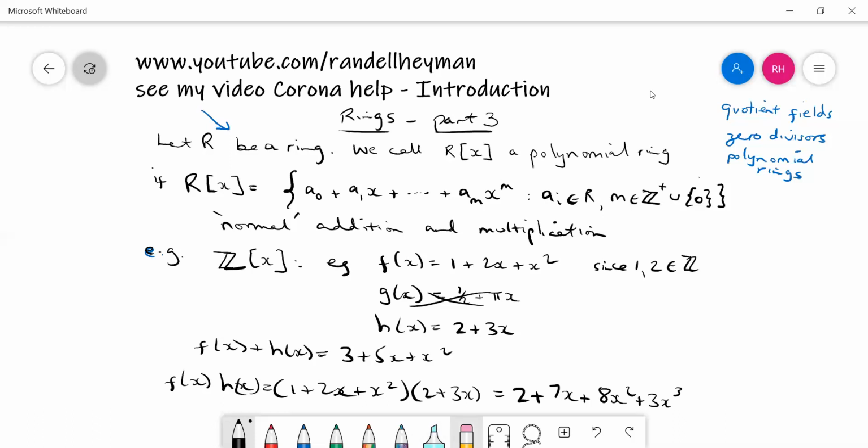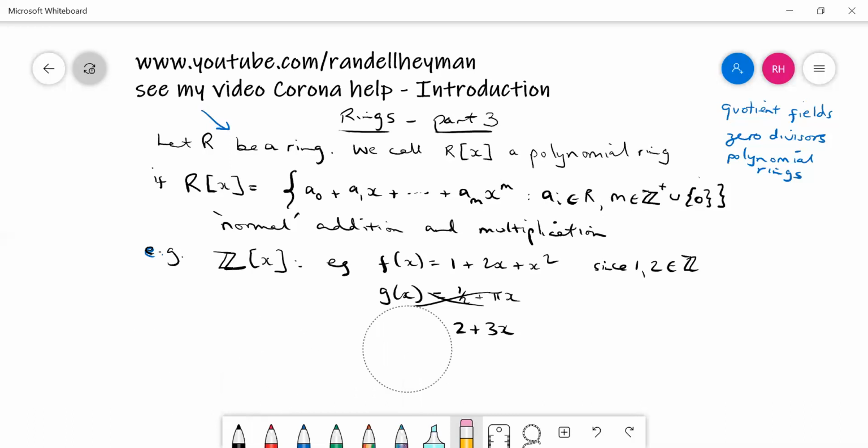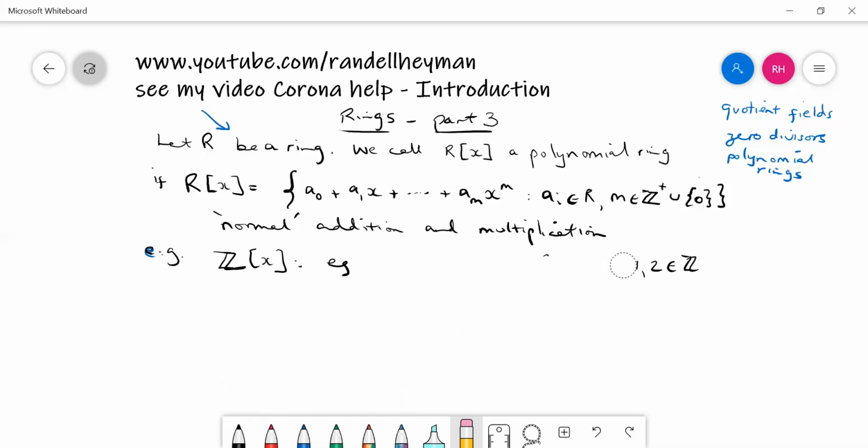Let's do another example, because anything we talked about last time as a ring, we could use here. So let's use Z3[x].